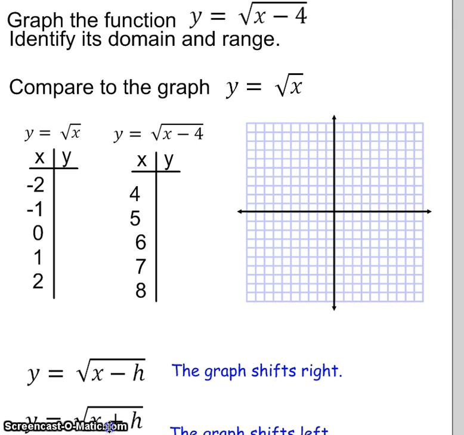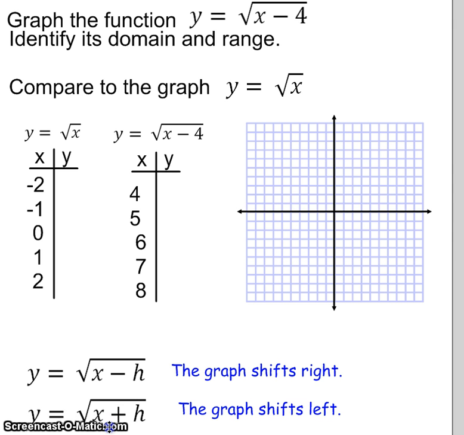Down here at the bottom, you can see that if I add or subtract a number on the inside of the square root, we're going to shift it sideways. So let's just look at our table values here. I'm starting with 4. The square root of 4 minus 4 is 0. The square root of 5 minus 4 is the square root of 1, which is 1. Let's plug in 8.